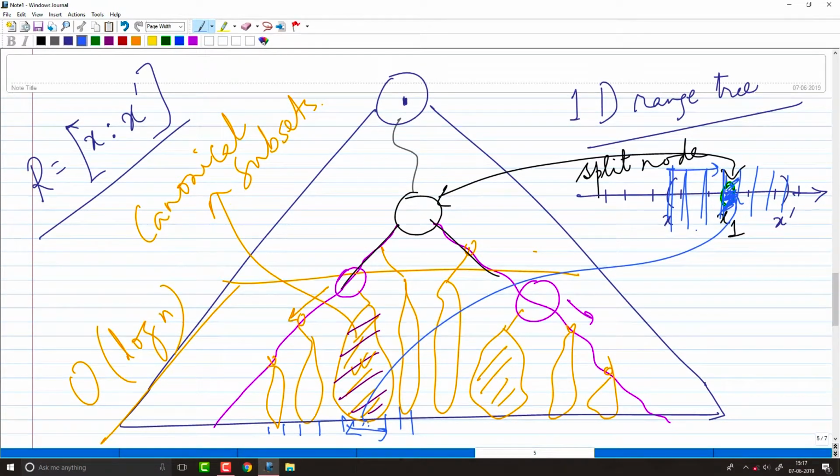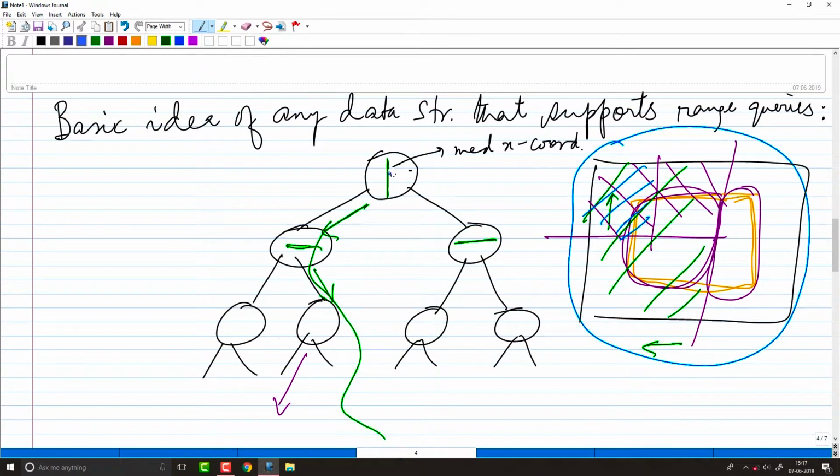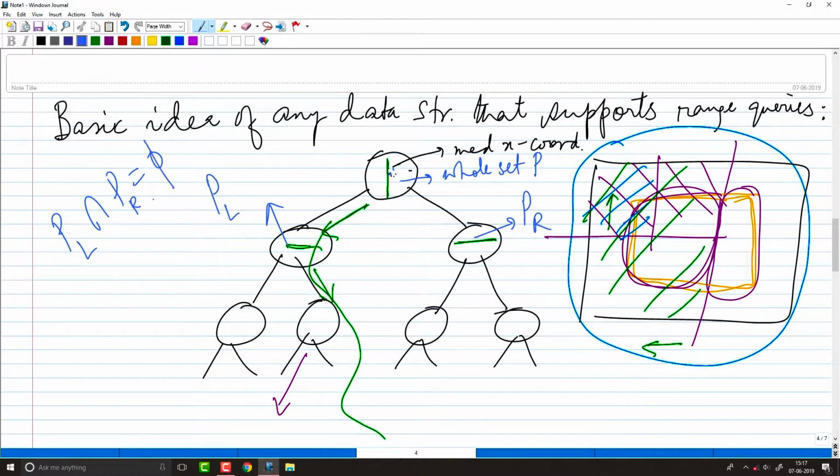Now, mind you, at the very beginning I said that each node in a range tree points to a subset of points. The root points to the whole set, this points to some PL, these points to PR, and mind you PL and PR are disjoint.